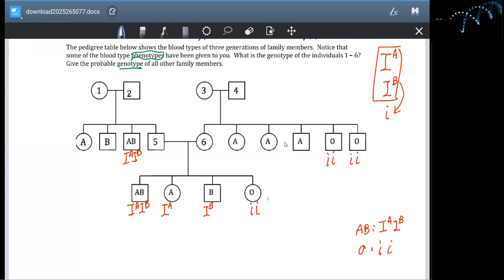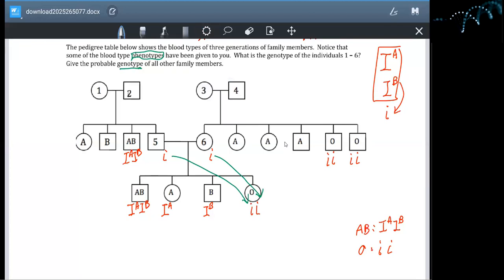His sibling actually has little i. For an individual to have little i, what does that tell you about the parents? What do you think? Yes, the parents must each have a little i for you to end up with an individual that actually is O blood type group, correct?